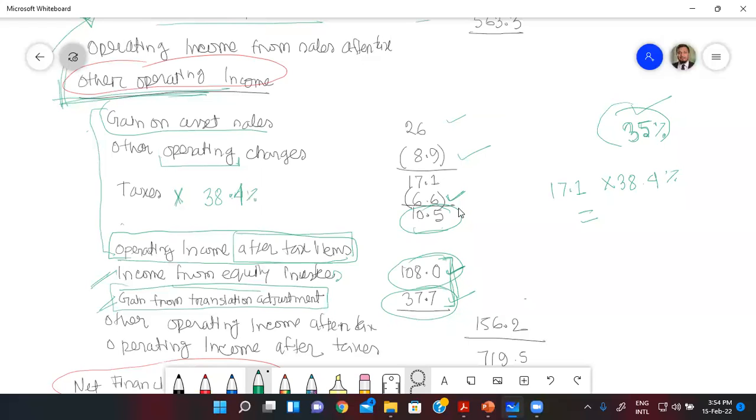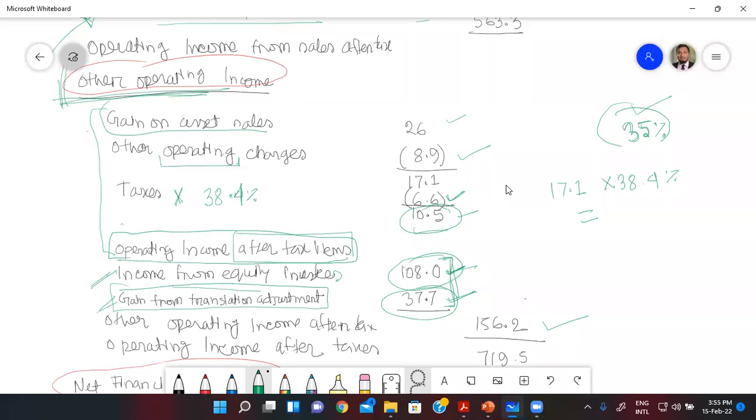So if we add all of this, 10.5, 108, 37.7, you'll see that other operating income is 156.2, the total net other operating income after tax.